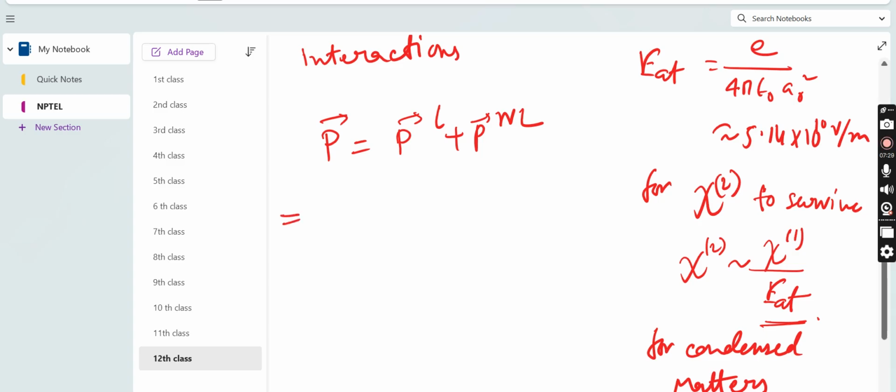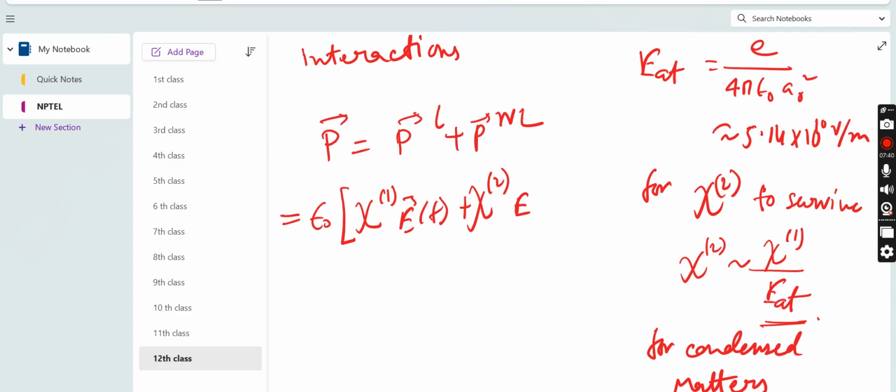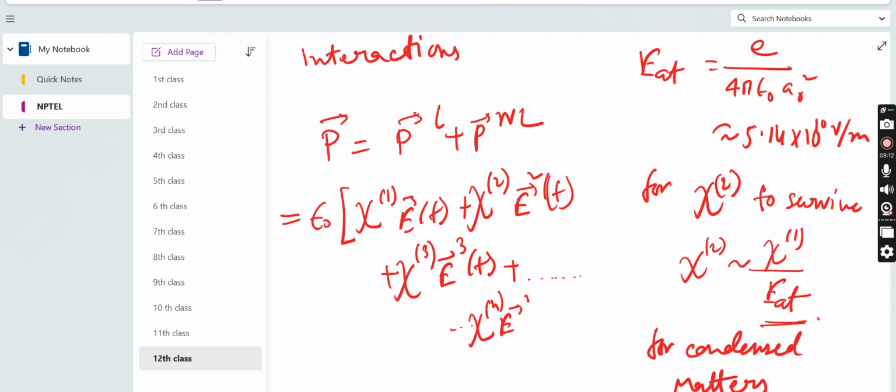So the polarization can be written as epsilon naught times chi 1 E plus chi 2 E squared plus chi 3 E cubed, and so on, up to chi n E to the power n.